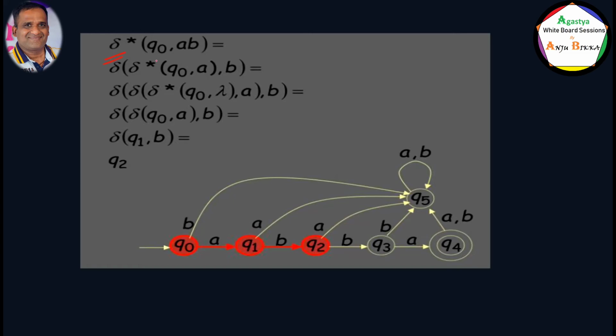Now the extended function Q0 and AB. When we define Q0 and AB, because there is one input, either we can use delta star or delta.